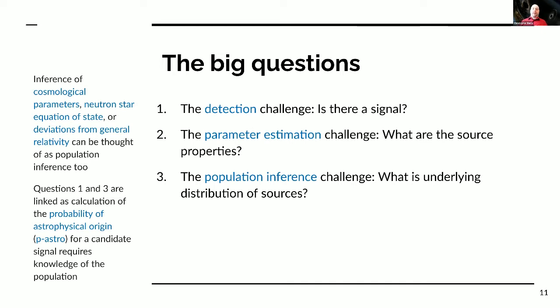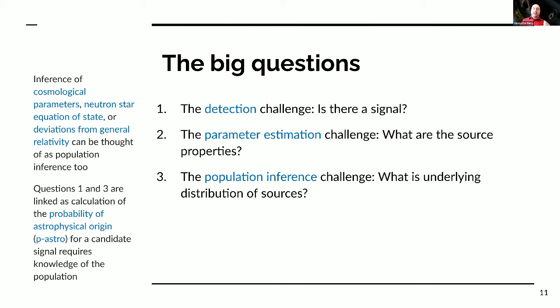We have our stream of data coming in from our detector network. We want to search through this and find where there are gravitational wave signals. Starting off this course was the big question of, can we see any gravitational waves? We can. Now this is something we know they exist, so it's just a question of where they are in the data and what they look like. So number 1, detection. Is there a signal in a particular stretch of data?